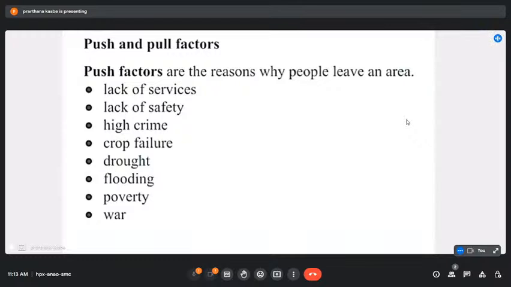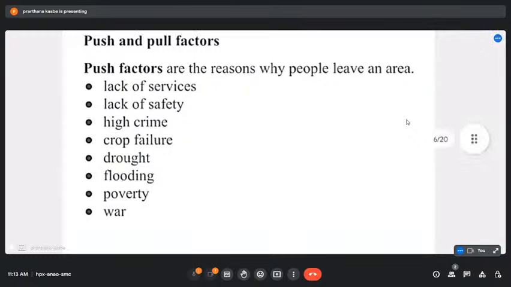The push factors are the reason why people leave an area. That are the lack of services, lack of safety, high crime, crop failure, drought condition, flooding, poverty and war.